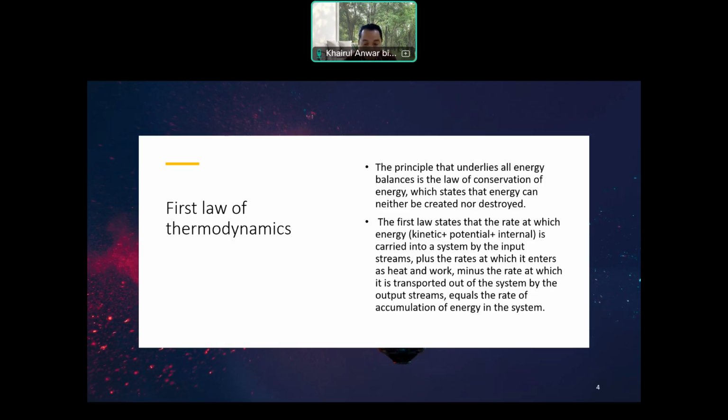Later, there's some simple derivation of how to obtain the equation for the energy balance, for either closed or open systems. The principle is similar to the thermodynamics that you have learned before.